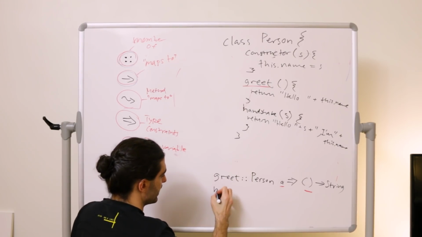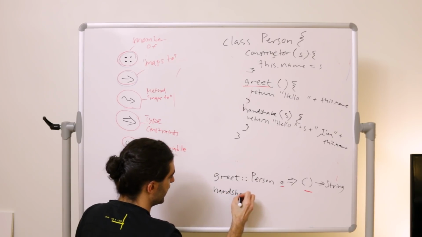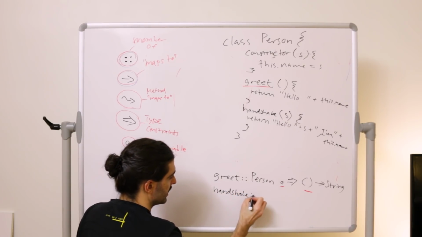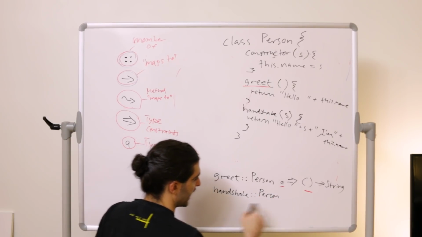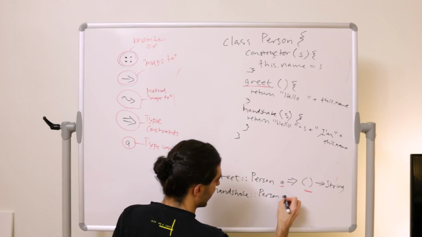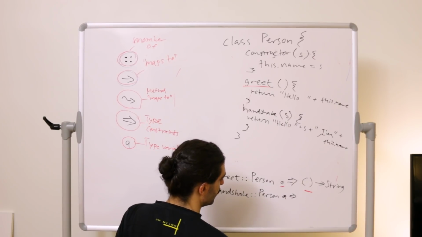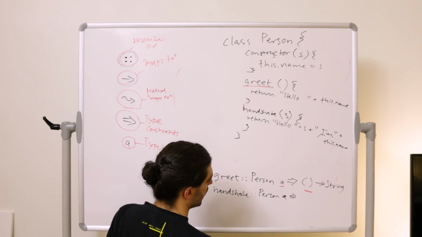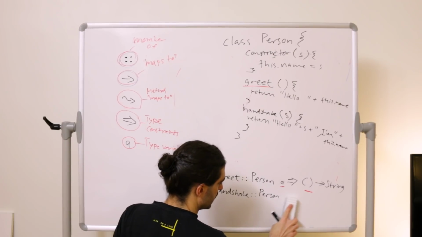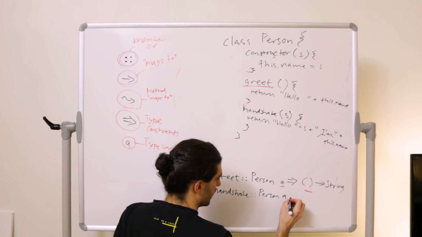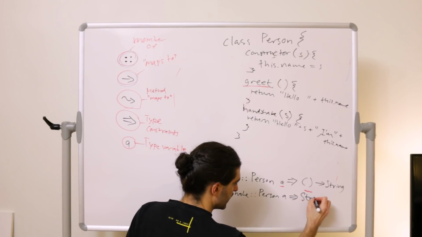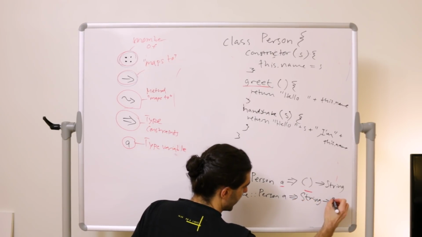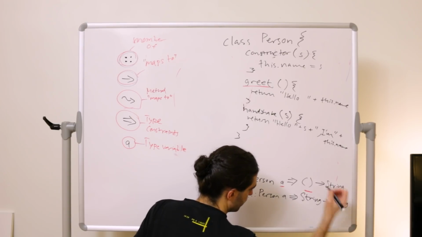It would be something like this: handshake is a method such that, assuming that you have a person, and we will refer to this person as A, then if you pass a string, then you will get back a string. So hopefully that makes sense, right?